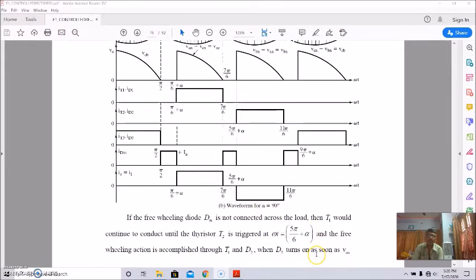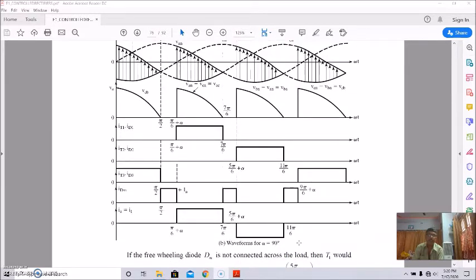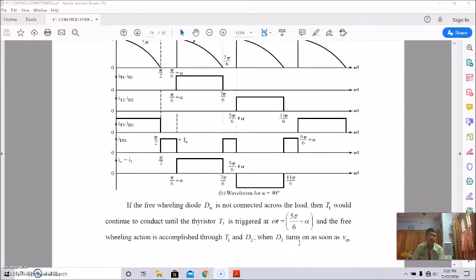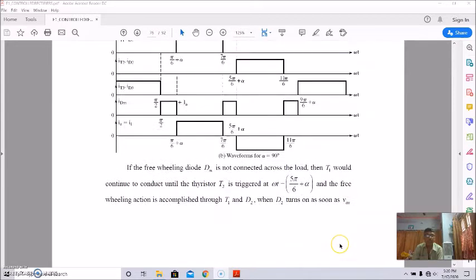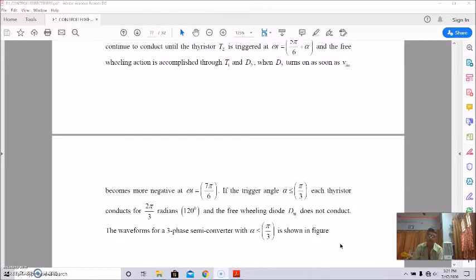If the freewheeling diode DM is not connected across the load, then thyristor 1 would continue to conduct until thyristor T2 is triggered at omega t equal to 5 pi by 6 plus alpha. The freewheeling action is accomplished by thyristor 1 and D2 when D2 turns on, as soon as VAN becomes more negative at omega t equals 7 pi by 6.